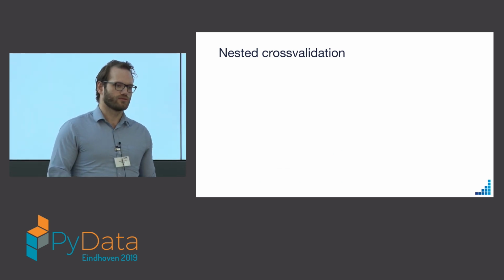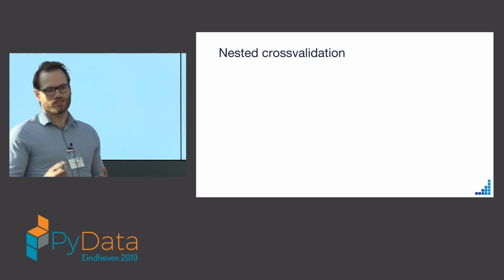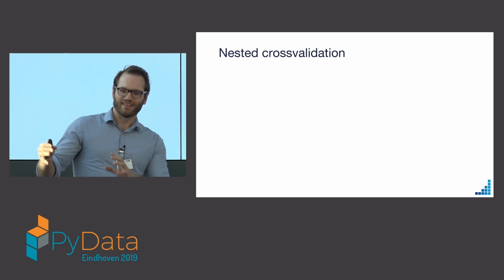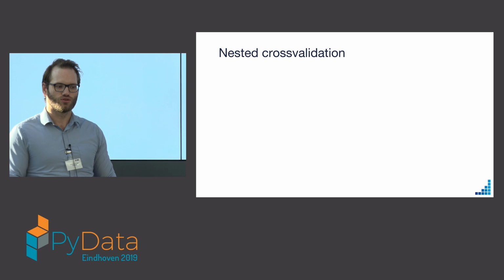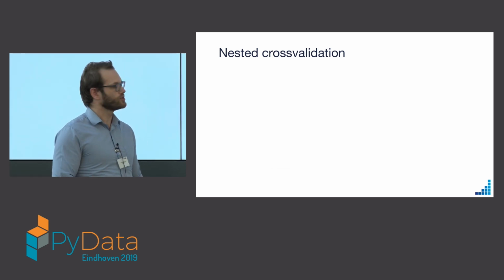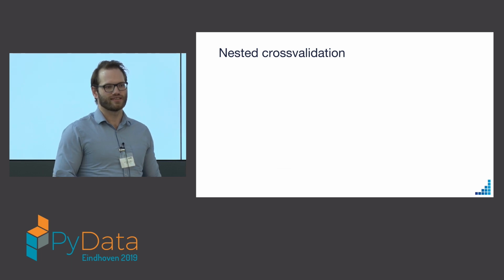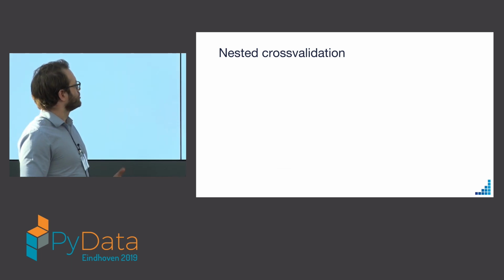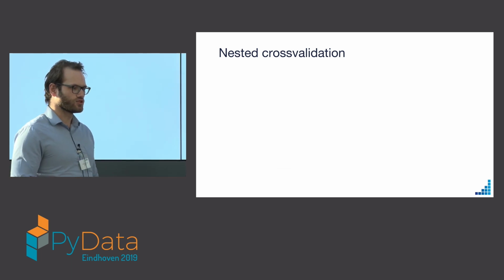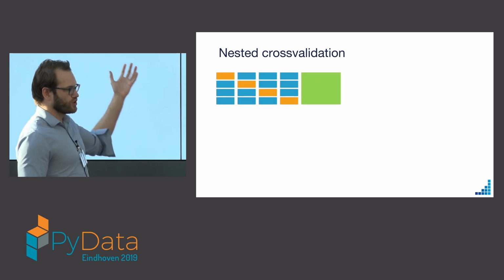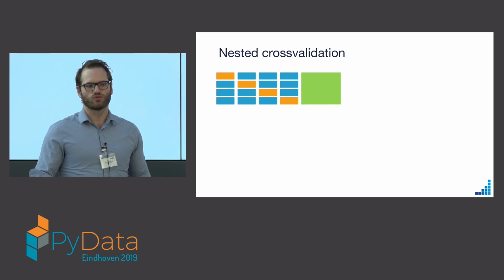You can go even further with this, because we still have this test set that we're not actually using, and that's safe, that's nice, that's what we want. We don't want to use our test set to do any model selection because that defeats the purpose. But if you still want to have access to all your data, you can do this concept called nested cross-validation, and this is even more extreme. So this first iteration looks very similar to what we had before.